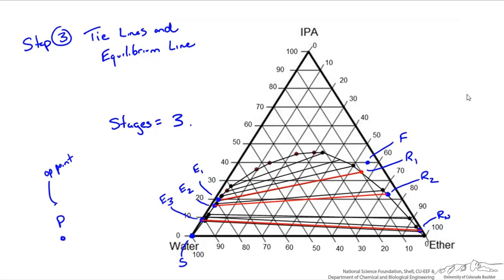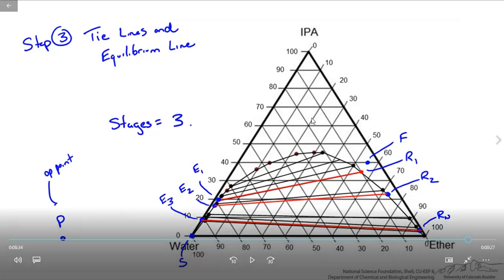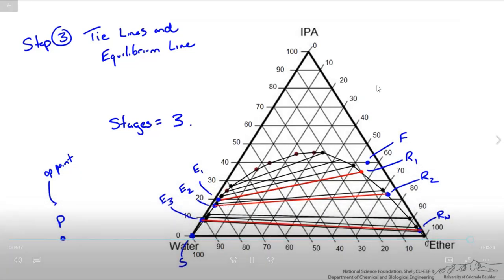You have calculated the number of stages. So for this system there are 3 stages, in which you have located E1, R1, then based on that you located E2, and then R3 and so on.